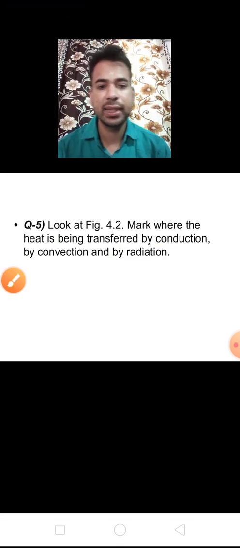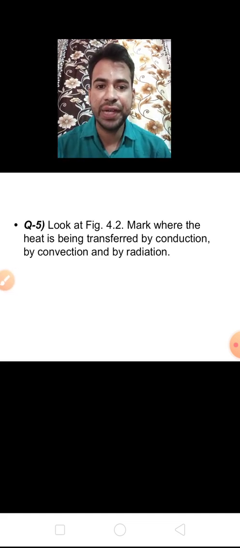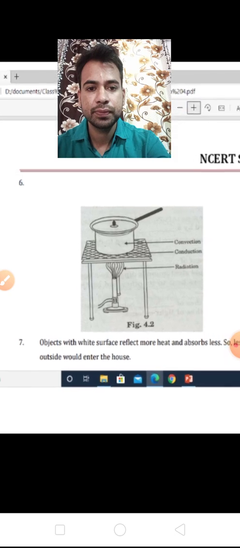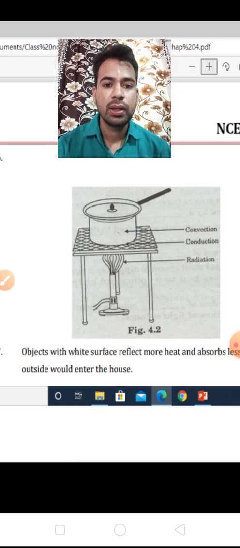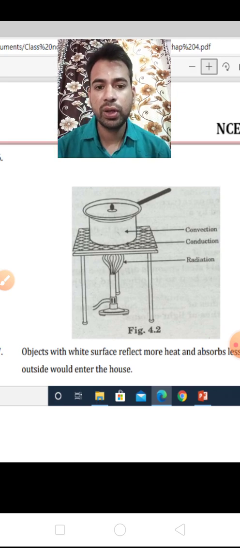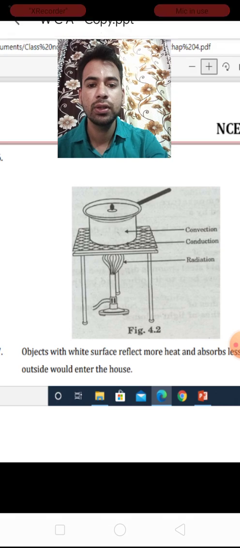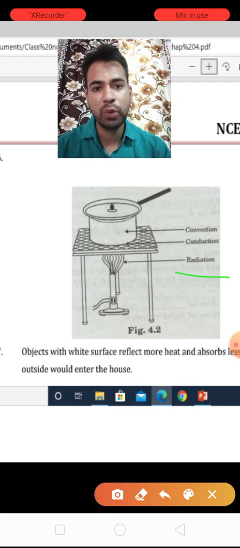Next, a figure is there. In the figure we have to mark the transfer of heat as conduction, convection or radiation. See the diagram, figure 4.2. Water is boiling there on the flame. The flame is radiation. Why radiation? Because it doesn't require any medium to provide heat.